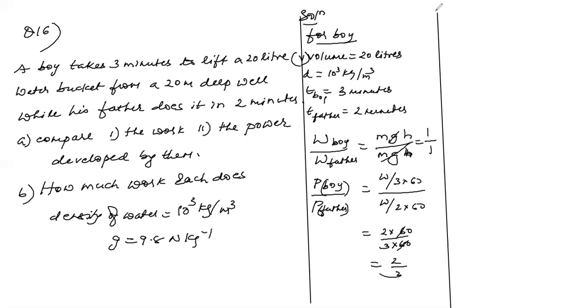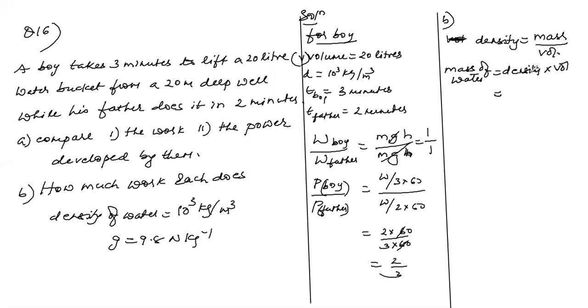Now, the B part of the question. How much work each does? Got it? So density equals mass upon volume. So mass of water equals density into volume.